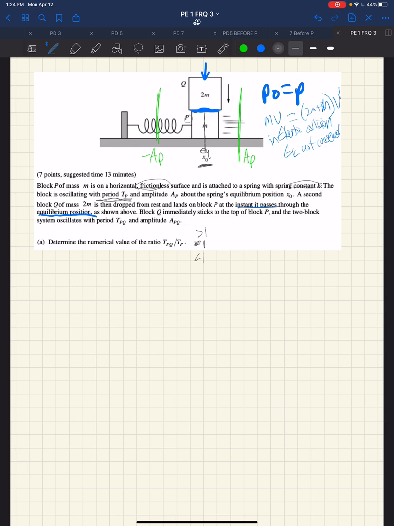The ratio of these two things, TPQ to TP, would be greater than 1 if TPQ is greater, and it would be less than 1 if TPQ is less, or TP is larger. So the question is, what is happening?